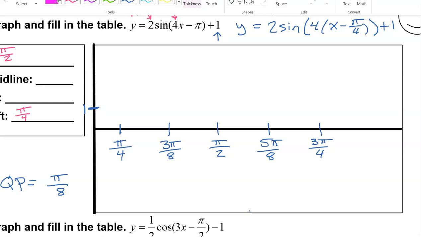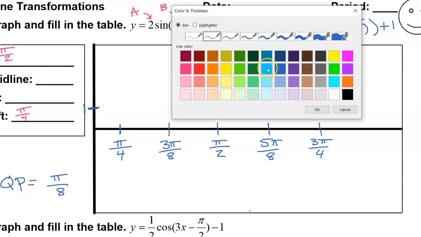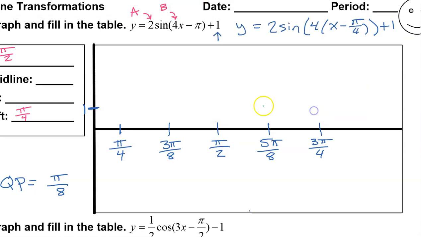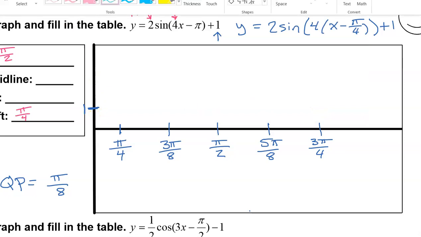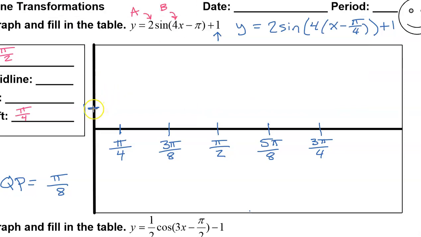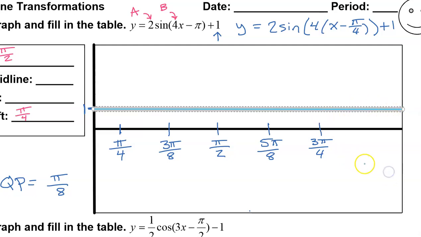I might cheat though and use my line drawing tool because it would be helpful if this were like a pretty straight line. Okay, so this is going to be my new midline, but normally we would draw a dotted line right here for the midline.